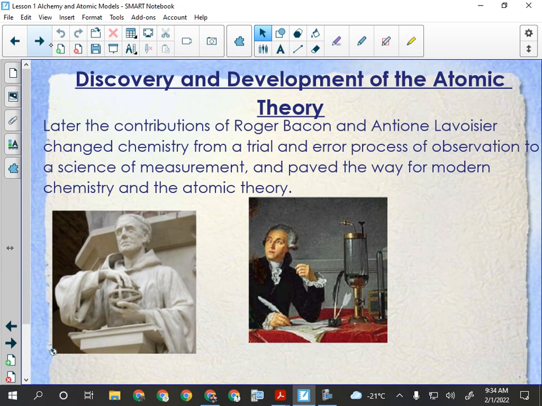All right. So it wasn't until these two guys came along, Roger Bacon and Antoine Lavoisier, they developed the scientific method. Okay? This idea that if science is going to prove something, if we're going to discover something, we have a problem, we investigate it with a hypothesis, we use a procedure to test our variables, okay?